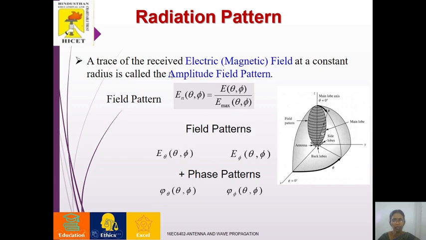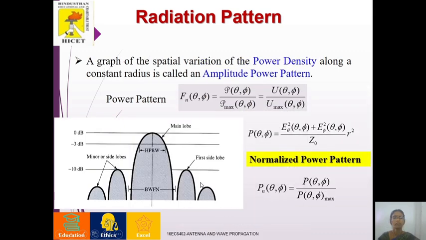So, the amplitude radiation pattern can be given as En(theta, phi) = E(theta, phi) divided by E max(theta, phi), where En(theta, phi) is the normalized field pattern of the antenna. It contains both amplitude field pattern as well as the phase field pattern.